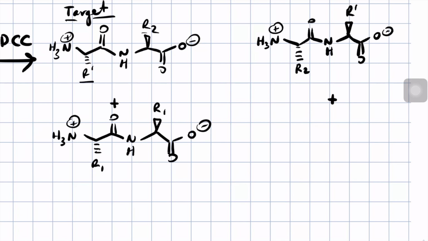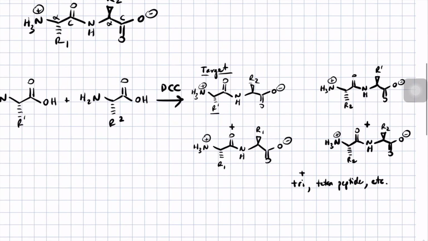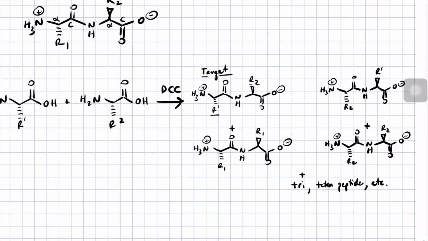Or you might even get the version where both side chains were R2. And then you might actually get tri and tetrapeptides as well, depending on how much DCC you used.